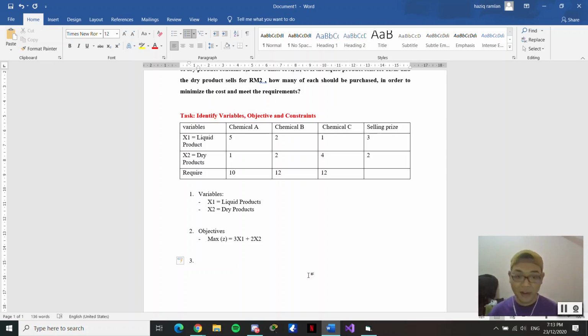Just follow along with me. So we have 5 over here for chemical A, so 5 under the liquid product, so we put 5x1.